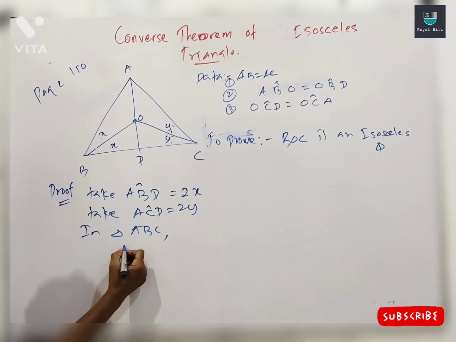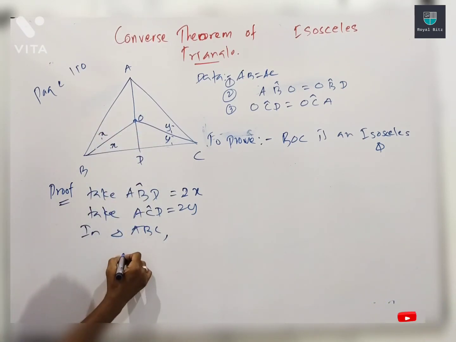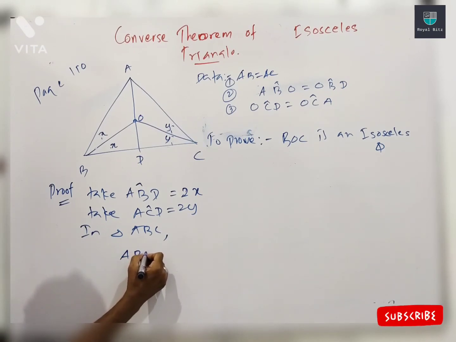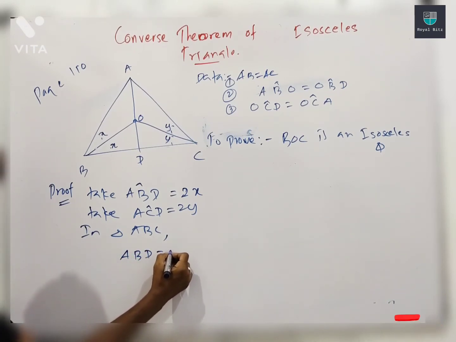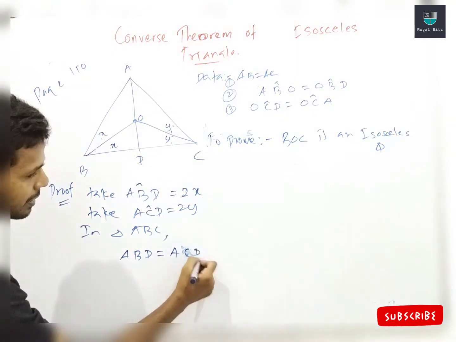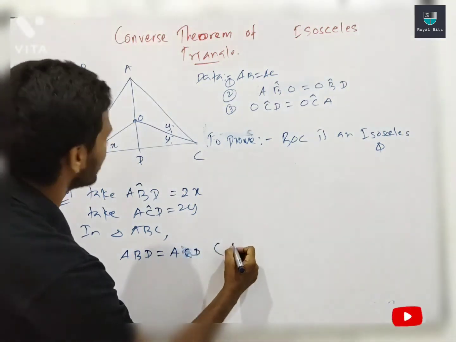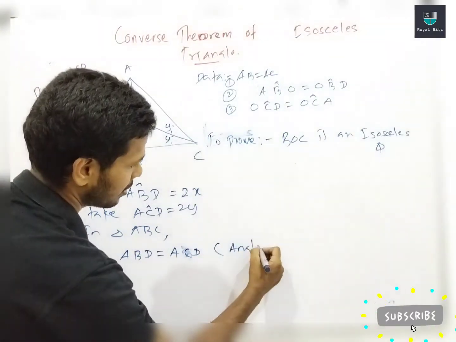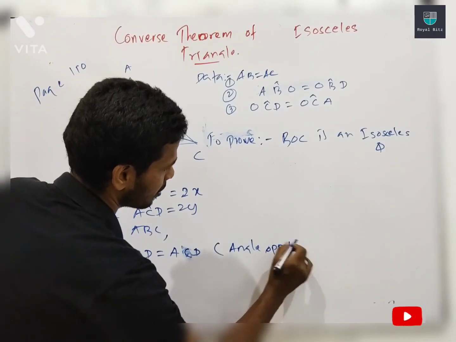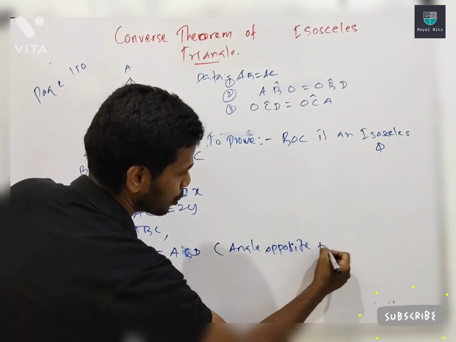So in this triangle ABC, angle ABD is equal to angle ACD, because what is the reason? Angles opposite two equal sides.